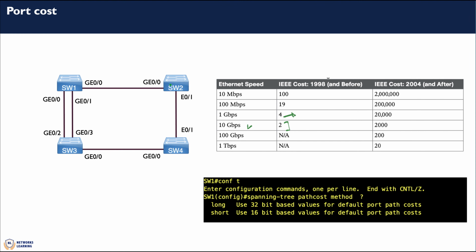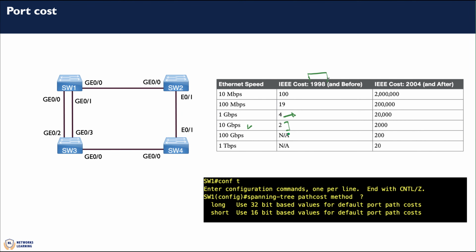We will talk about costs in the next few slides again. This is another criterion that will later be used when we come to building our loop-free topology. You can see here you have two different kinds of costs. Both are IEEE standards. There are the costs that were used all the way to 1998, so they go from 100 to 2 for 10 gigabit.